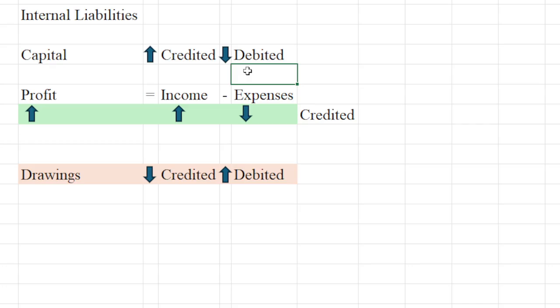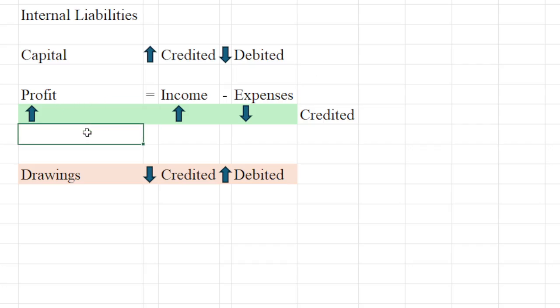Now let's say for personal purposes, the owner withdraws funds. This is also known as drawings. When the owner draws funds for personal use, it is debited because the obligation reduces to the extent the amount is drawn by the owner.